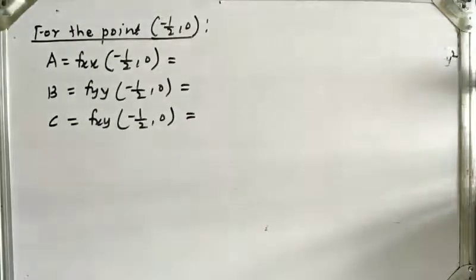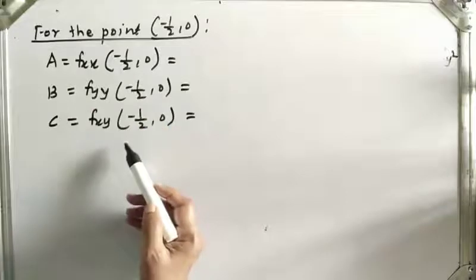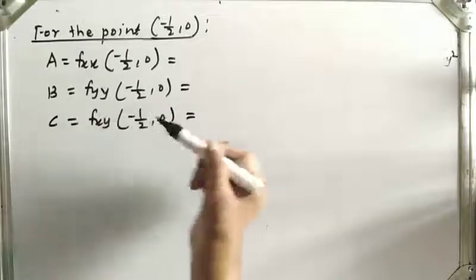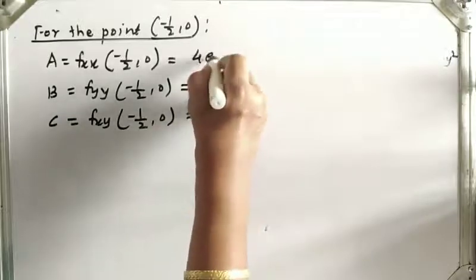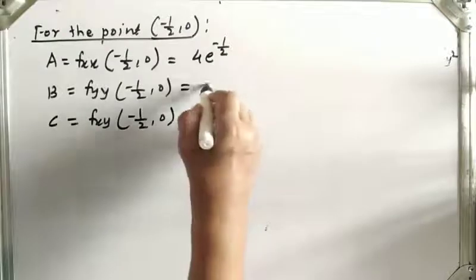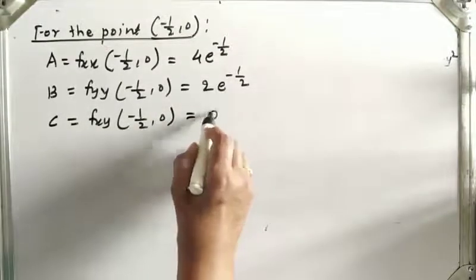I am writing here fxx, fyy and fxy. If you put minus 1/2 for x and 0 for y in these, you will get a is 4 e raised to minus half, b is 2 e raised to minus half, and c is 0.